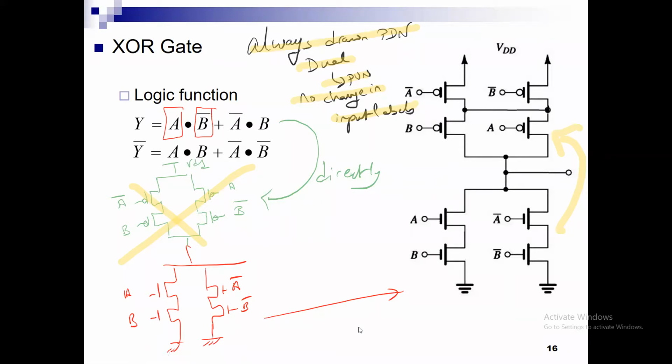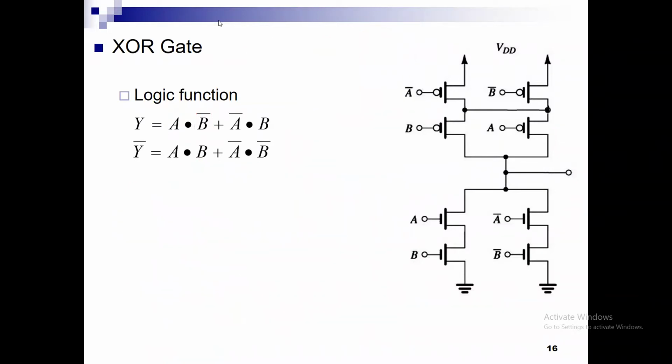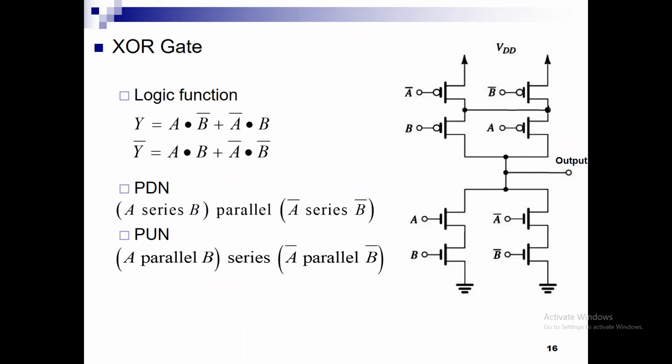Okay, let us now jump to the next set of slides, which is the sizing. Here they're showing how we draw the dual of the pull-up from the pull-down. I keep the same set of inputs, the same order, the same pairing, in the pull-up and in the pull-down.